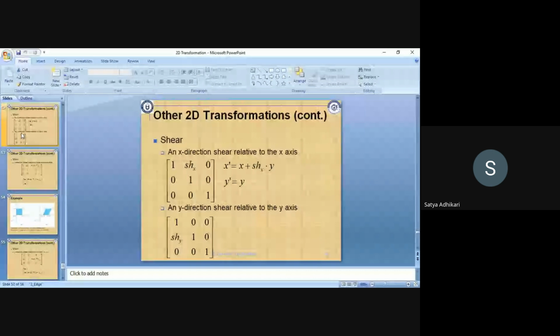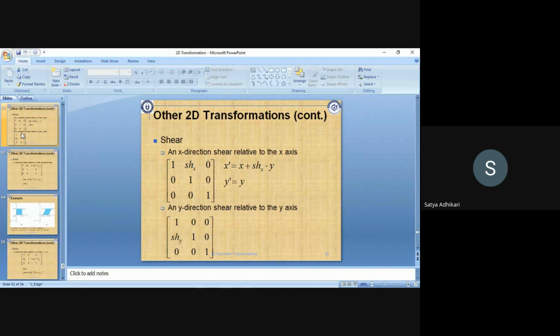That is, you see, we have to change the shear in the x direction relative to the y axis. You remember in scaling we have to change both directions, sx and sy. But here you see, we only change the x coordinate, but y dash remains the same. The y coordinate remains the same.